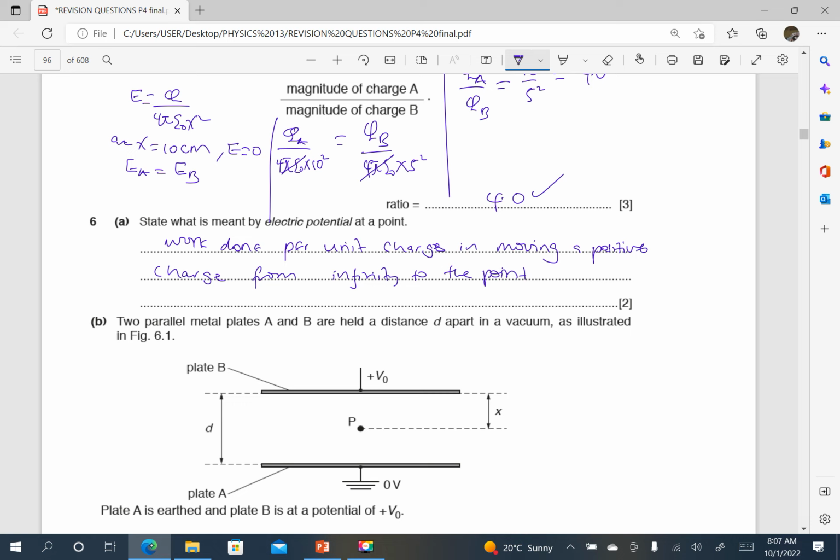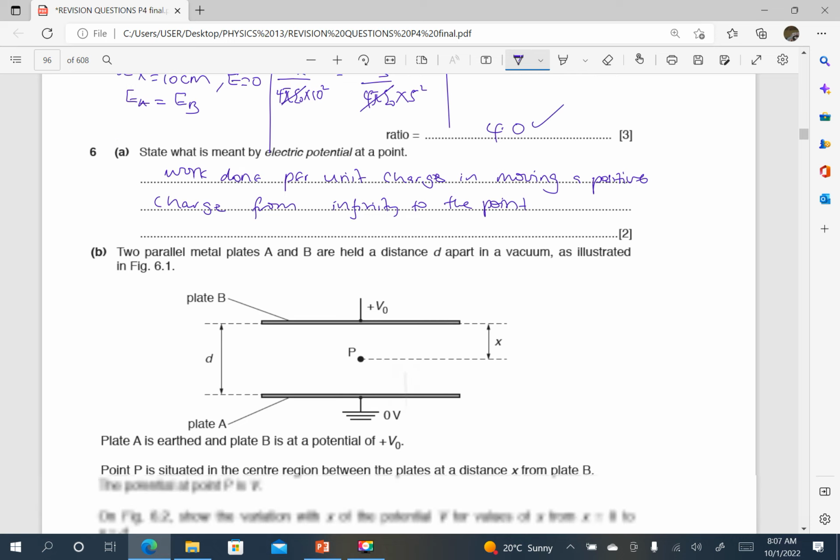That is the work done to move a positive charge from infinity to the point.